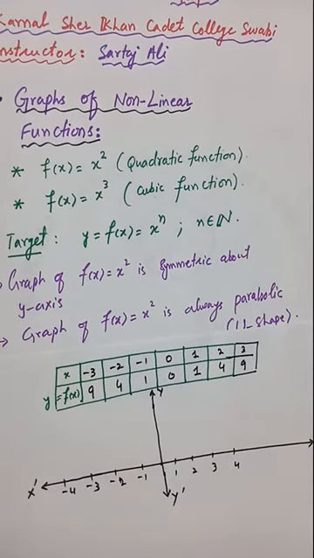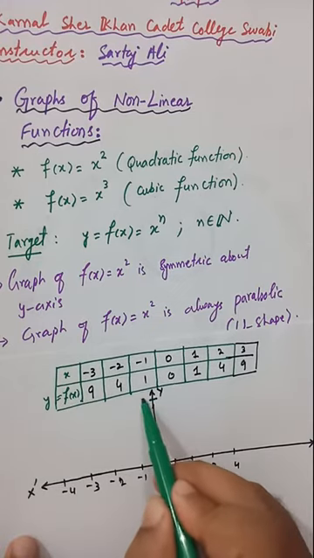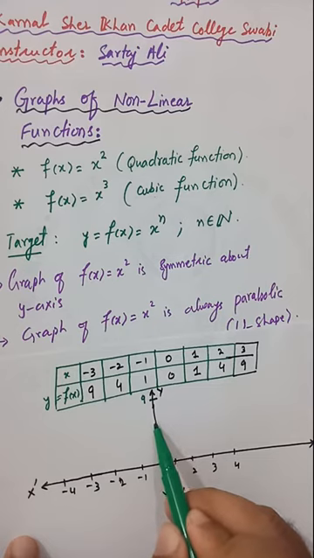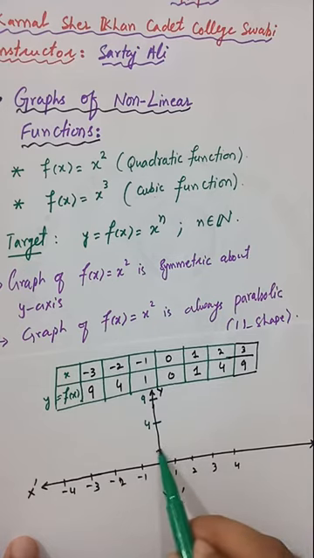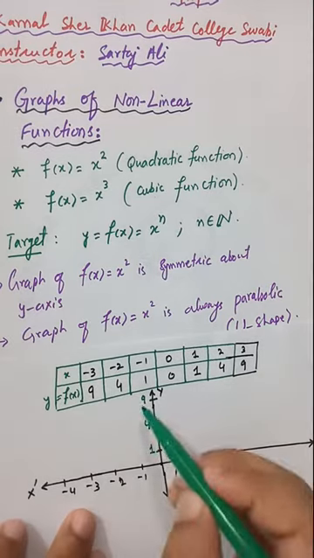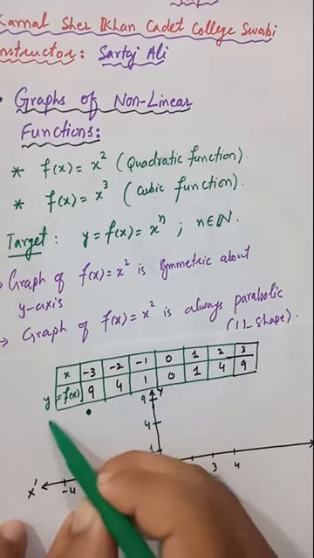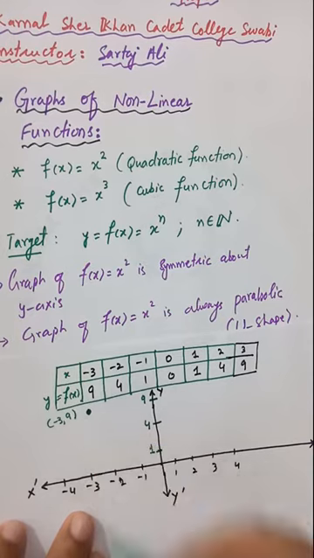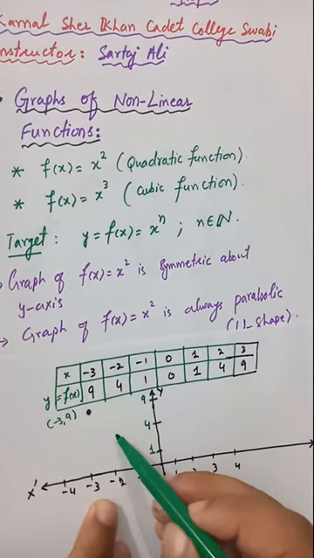When you give the value minus 3 to this function, let's say this is 9, let's say this is 4, and let's say this is 1. When you plug minus 3, you will get 9. So this is the point, this is the ordered pair, minus 3, 9. When you plug minus 2, you will get 4. So this is the point.